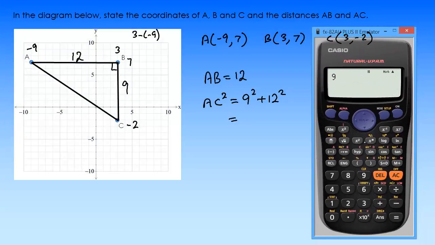So 9 squared add 12 squared is 225. And then AC is the square root of 225, which is 15. So AC is 15 units.